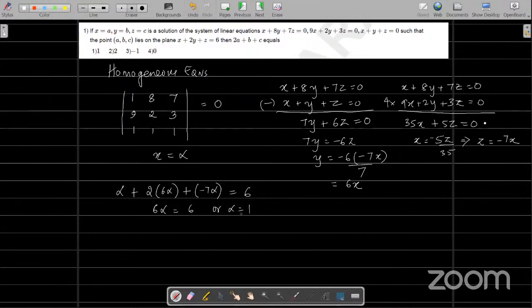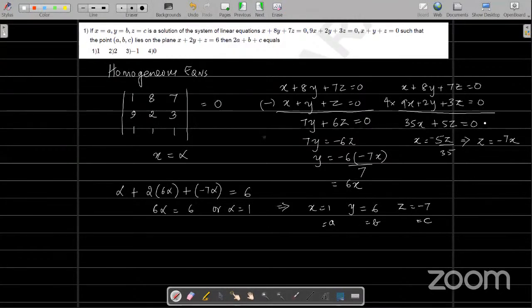Now that we got alpha equal to 1, I can look at what x, y, and z are. So this implies x equal to 1, y is equal to 6, and z is equal to minus 7, because x is equal to alpha, right? Which was equal to a, b, and c.